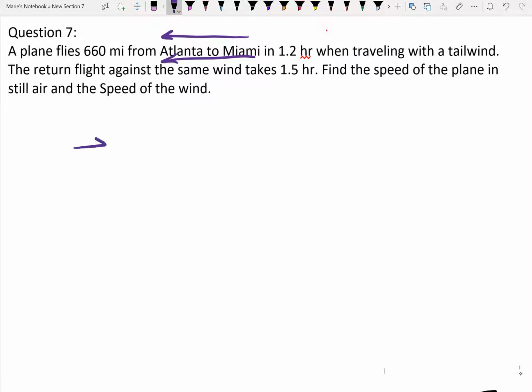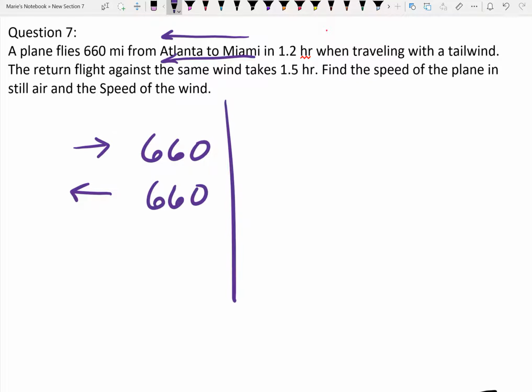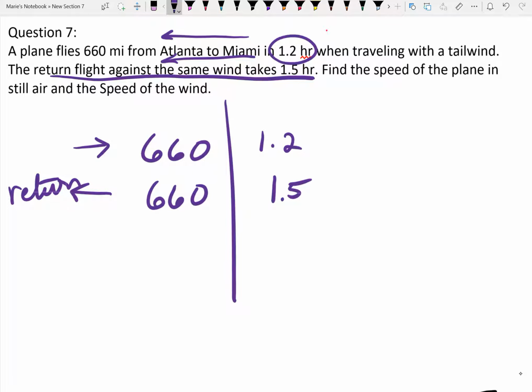So there's the takeoff flight, which is 660 miles, and there's the return flight of 660 miles. If you pay attention, they're giving you the time it takes for each, 1.2 hours. The return flight takes 1.5, and this is against the wind. So if I have a plane minus the wind, this is what we mean by against the wind.